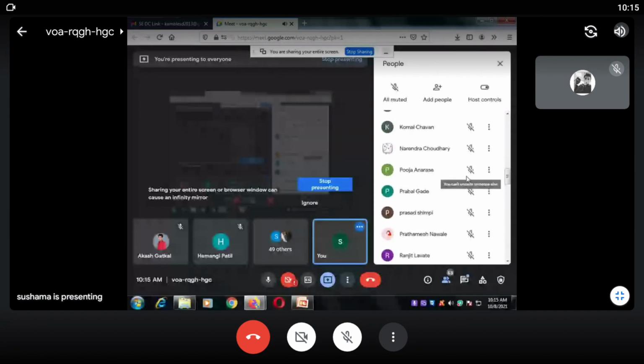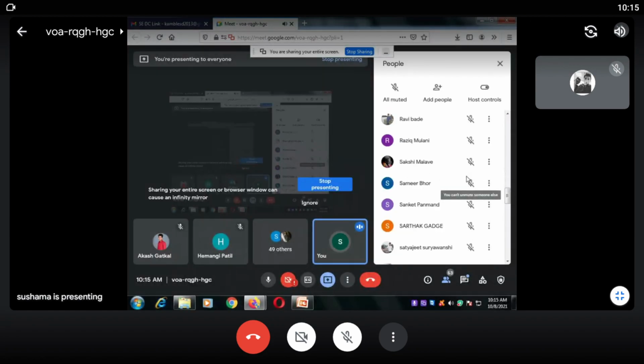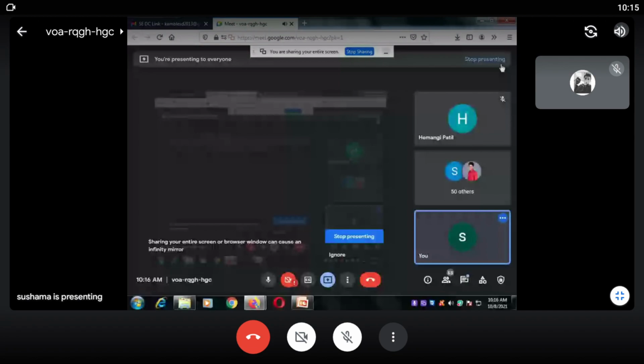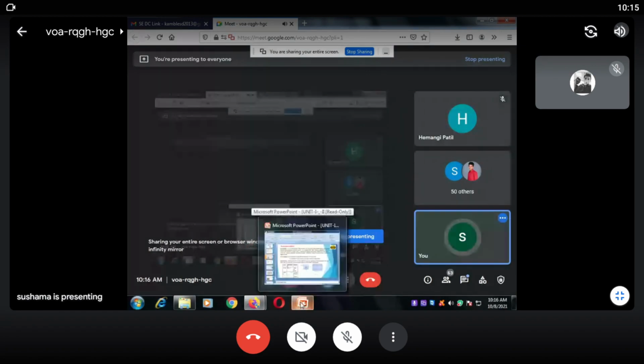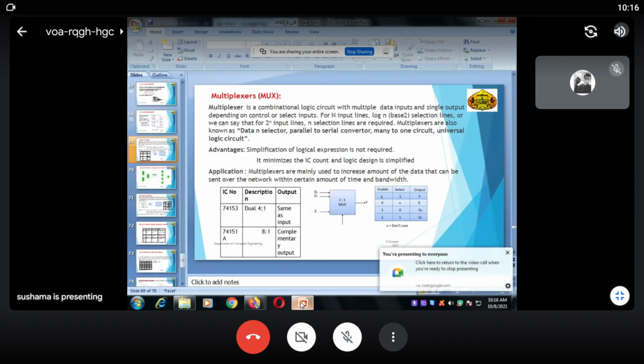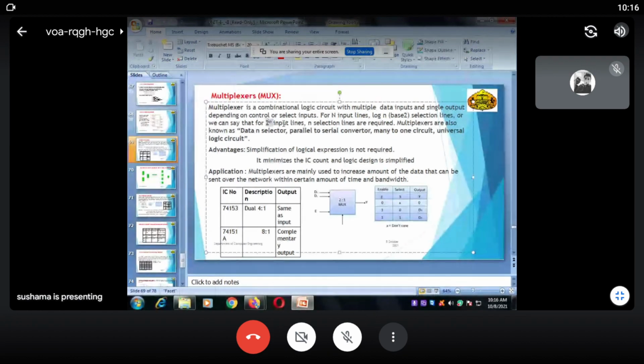What is my question? See, there are 2 raised to n input lines and n selection lines. Then if n is 1, what will be the number of inputs? Are you getting this statement? For n equal to 2, you will get 2 raised to 2 equal to 4 input lines.